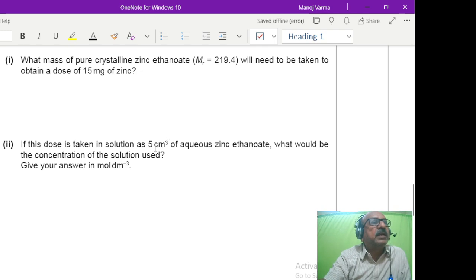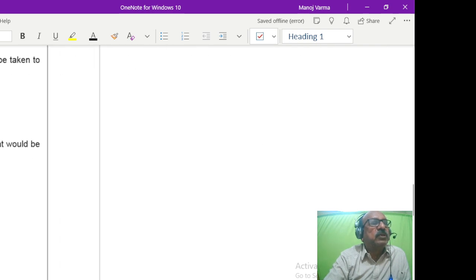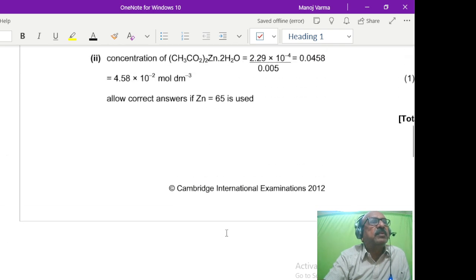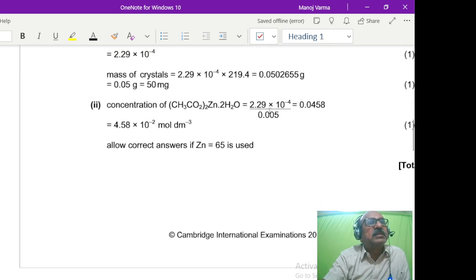So the volume required is 5 centimeter cube, but centimeter cube needs to be converted into dm cube, so that will be 0.005. Because you have to take it in dm cube, this is the moles and this is the volume in dm cube, which gives you this value, which can be simplified to 4.58 times 10 raised to minus 2 mole per dm cube.